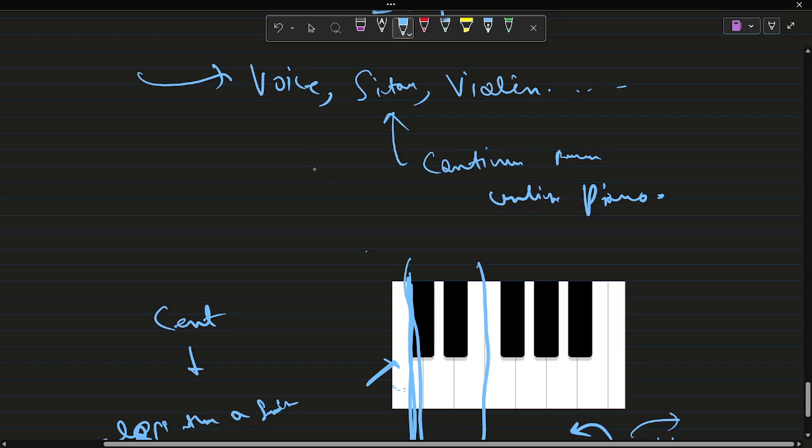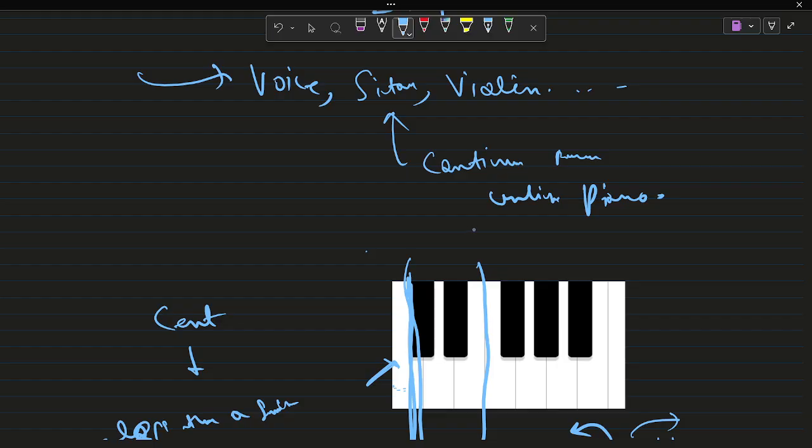These things, voice, sitar, violin, actually produce continuous frequency, not discrete frequency like your piano. You are here, so just press this note, you will get C. Then press this note, you will get C sharp.